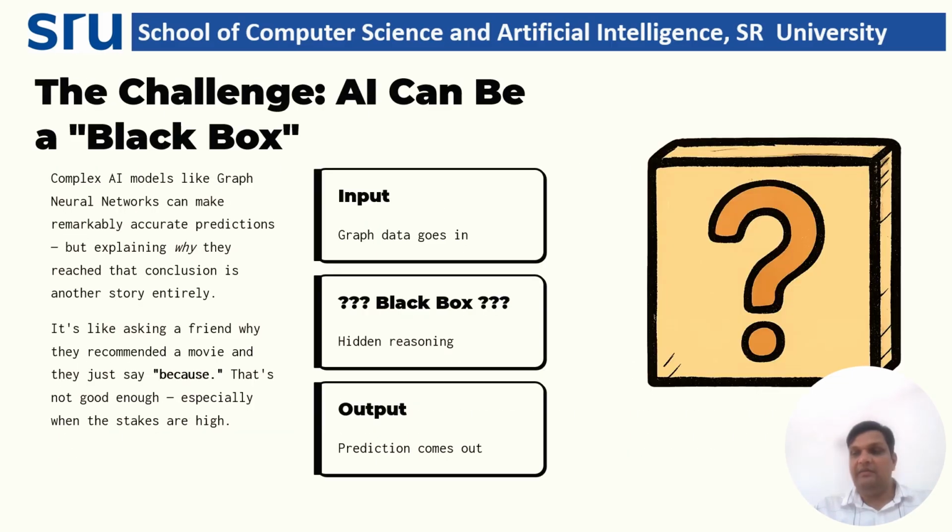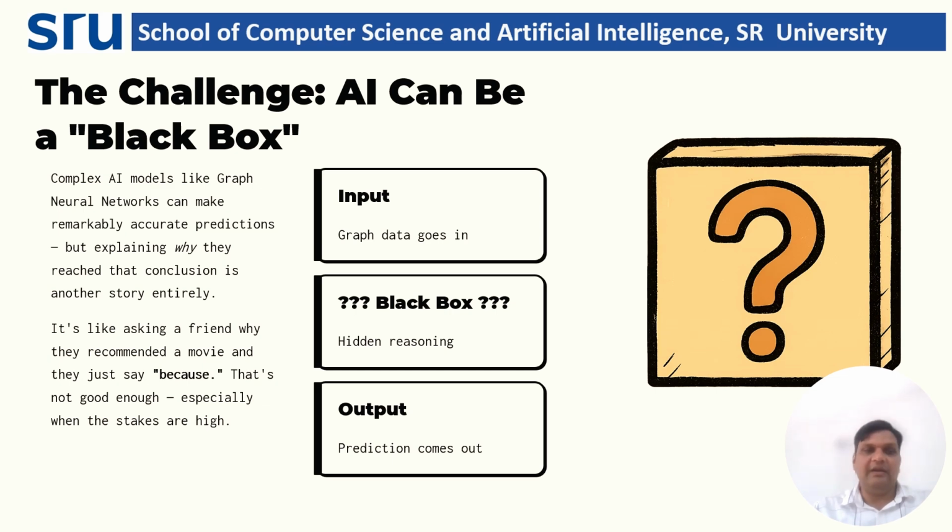The challenge is that AI can be a black box. Complex AI models like graph neural networks can make remarkably accurate predictions, but explaining why they reach that conclusion is another story entirely.